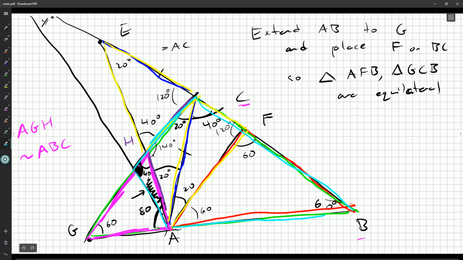How would you check for it to be a cyclic quadrilateral? I suppose if it were cyclic, that would have to be 120 because it's opposite the 60. So obviously, that's not the case. Although maybe there's another cyclic quadrilateral somewhere in there.